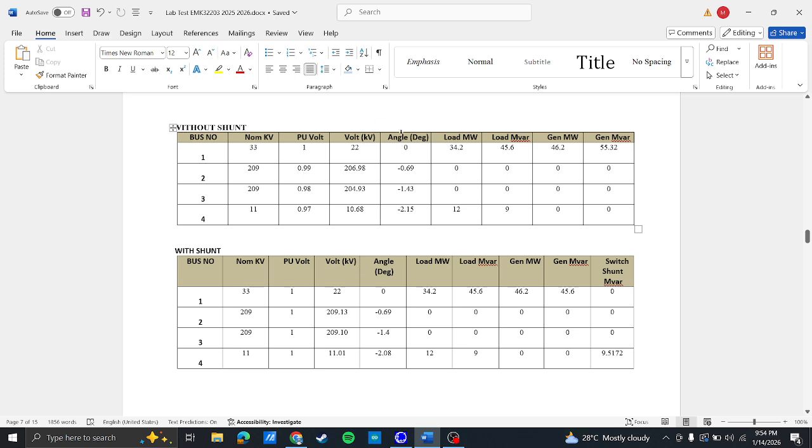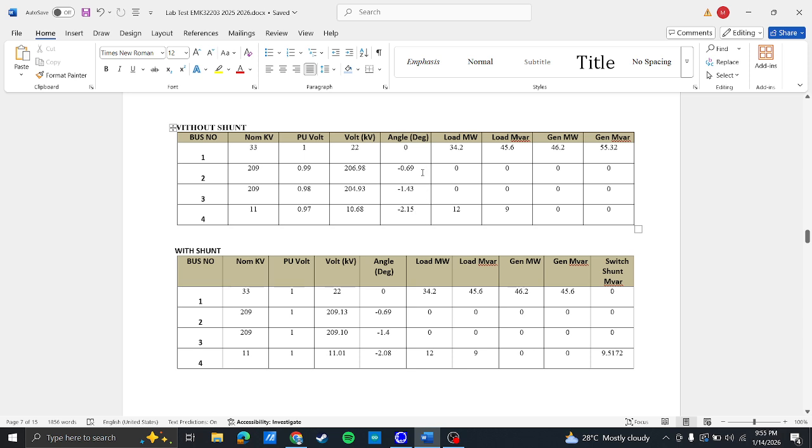So this is our table, as you can see, without shunt. The nominal kV at the circuit without shunt is 33 at bus 1, 209 at bus 2, 209 at bus 3, and 11 at bus 4. But the actual voltage obtained is lower than that, which is 33, 206.9, 204.93, and 10.68.